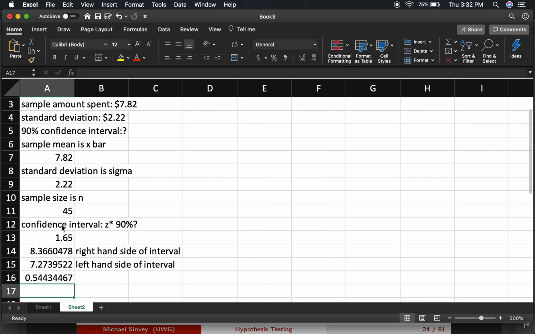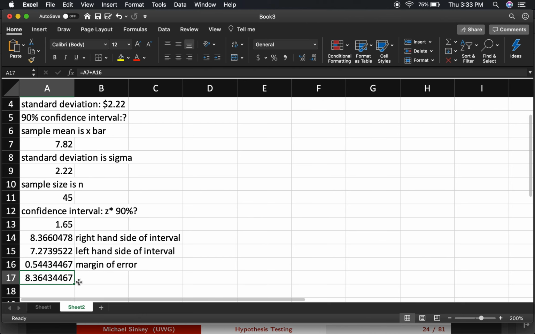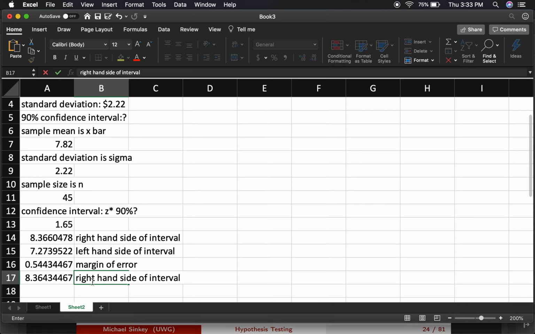And you can see that this generates a margin of error. If I just take the sample mean and add the margin of error, I get something that is very similar to what I had before. The only difference is that there's a little bit of rounding that went on with 1.65. Excel doesn't round.